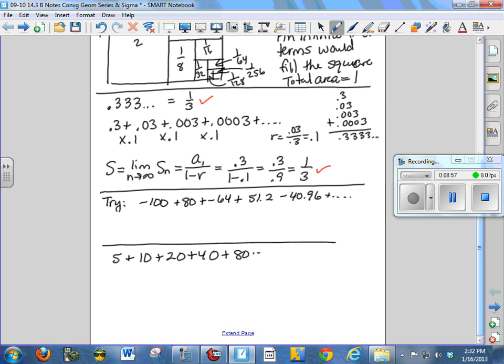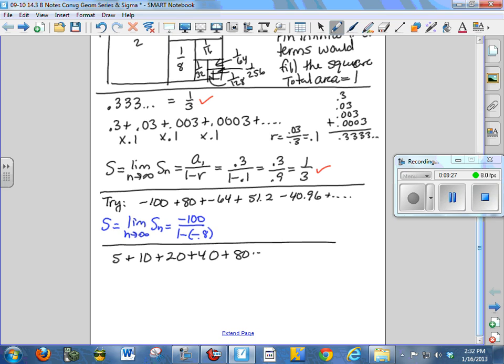So there's another example. Now why don't you try this next example and find the infinite sum for this. You can pause the video if you want and then turn it back on and see the answer. So here S is the limit as n goes to infinity of S sub n, which equals negative 100 over 1 minus negative 0.8.